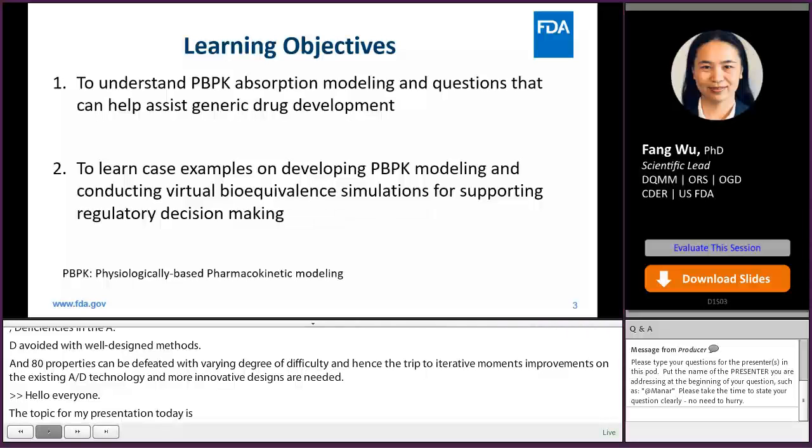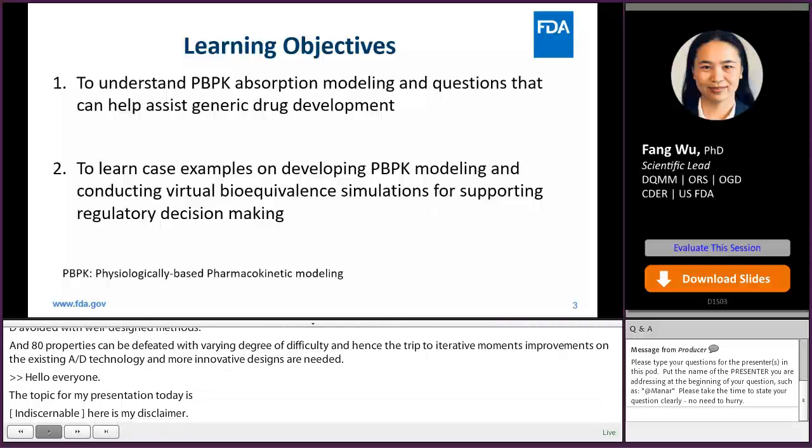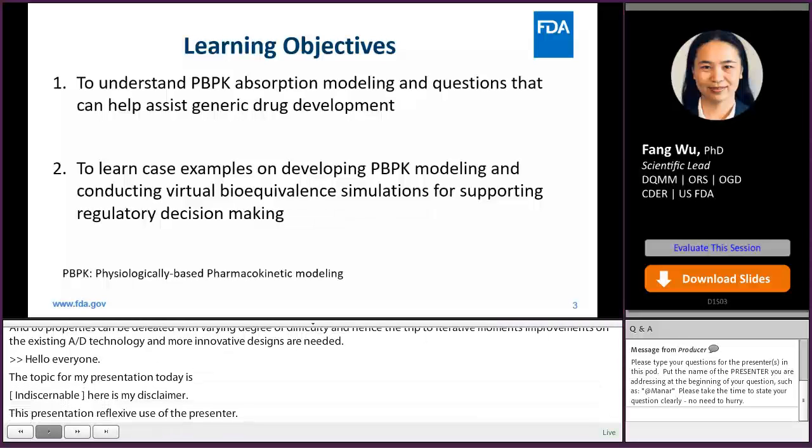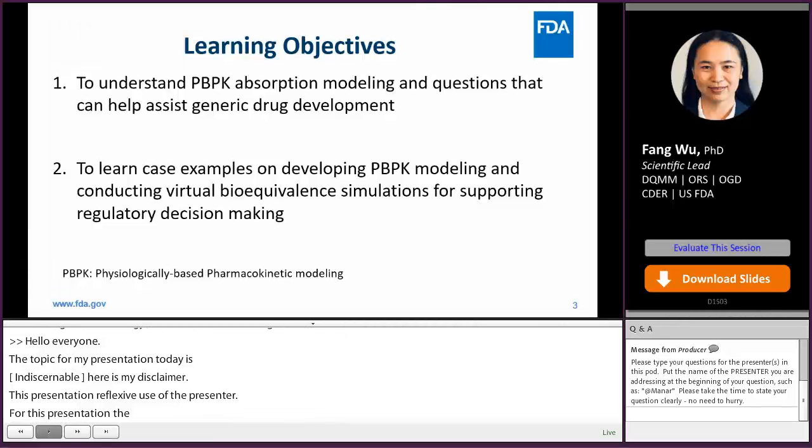Through this presentation, the participants will understand PBPK absorption modeling and questions that can help assist generic drug development. The participants can also learn case examples on developing PBPK modeling and conducting virtual BE simulations for supporting regulatory decision-making.